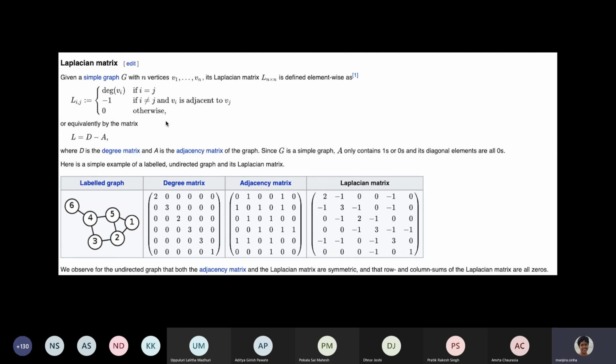So we can derive this matrix by subtracting the adjacency matrix of the graph from the degree matrix of the graph.